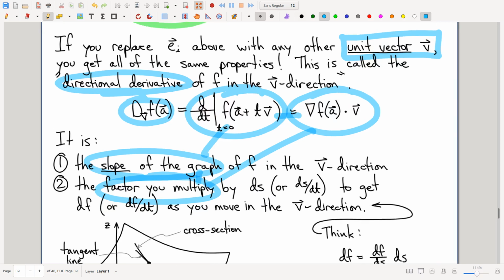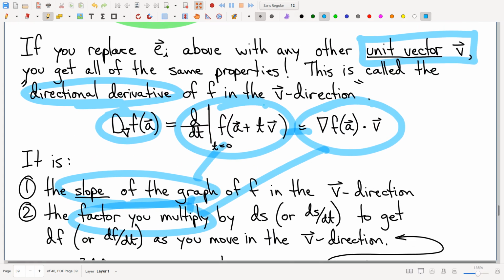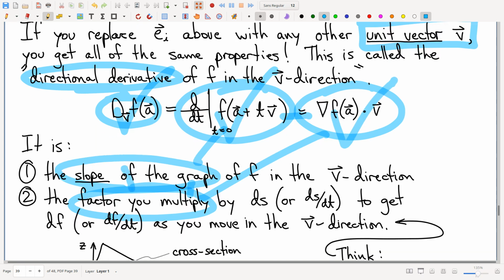And again, you can think about directional derivatives in any of several senses. A directional derivative, this is the notation. This is the definition. This is a handy formula for computing them. And these are the interpretations. It is a slope of a graph. It is a multiplicative factor.